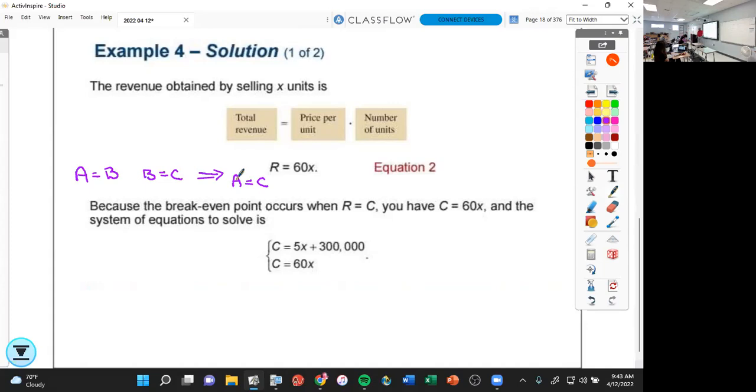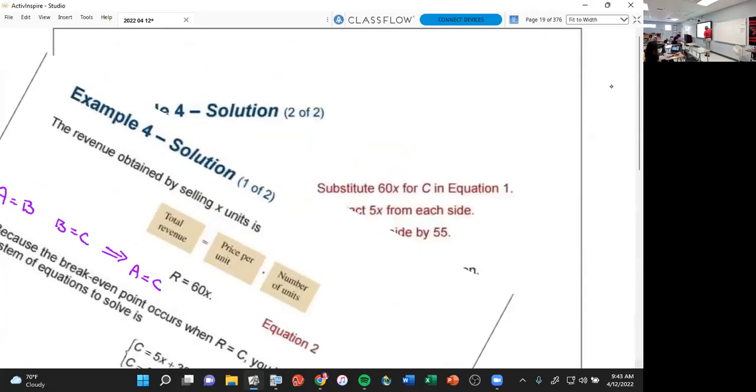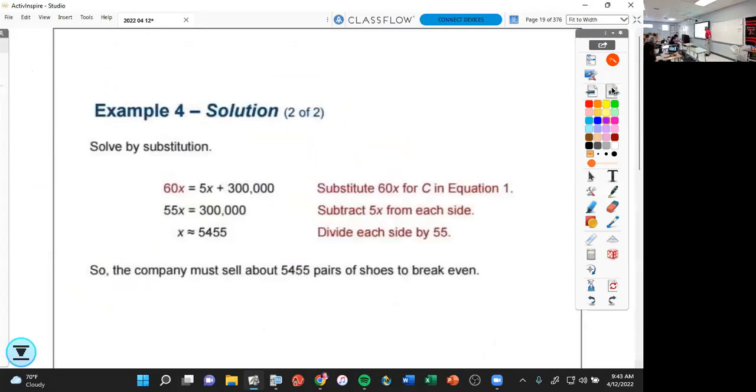They equal each other, right? So 60x equals 5x plus 300,000. Subtract 5x from both sides. Divide both sides by 55. And we find that it's going to take about 5,455 pairs of shoes to break even.